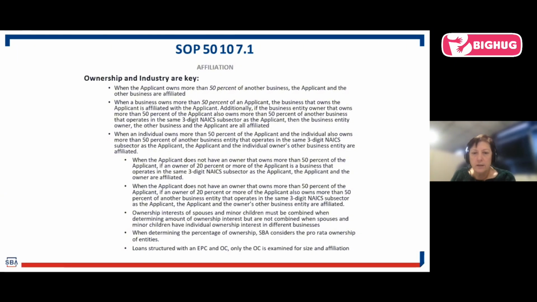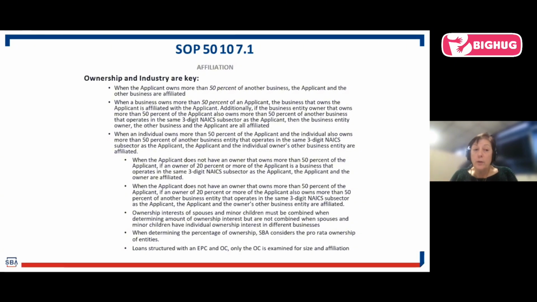So when you come in and you're talking with a lender, they're going to ask whoever is the more than 50% owner of the borrowing business, the applicant business, if they own another business. And then they're going to look at that 3-digit NAICS code. If no one owns more than 50% of the borrowing or applicant business, then it drops down to the 20% or more owners, and they go through that same process.